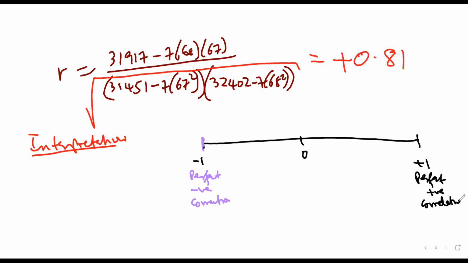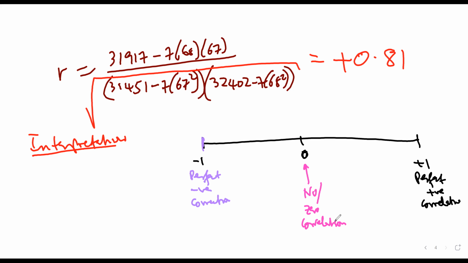If the value of your correlation coefficient is 0, we say that there is zero correlation. The two variables are not correlated at all. Those are very rare scenarios. So in most cases, you will find yourself away from those 3 points.